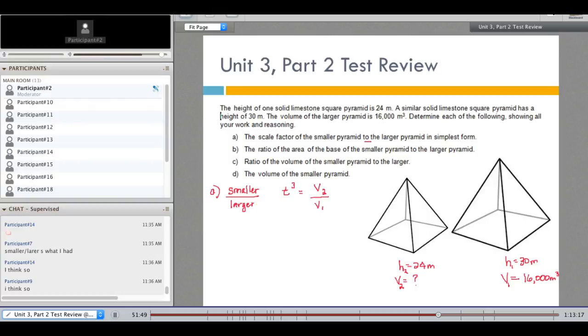So here's where it gets a little bit tricky. We definitely know volume 1. So if we just have t cubed equals v2 over v1, a lot of students will write this, which is correct. They'll plug in volume 1, the larger volume, down in the denominator. And so far so good.